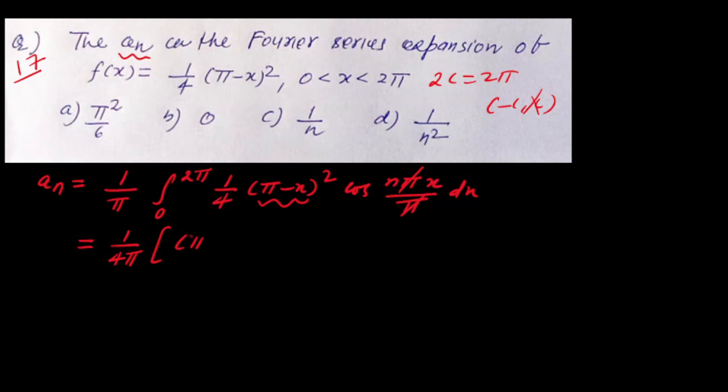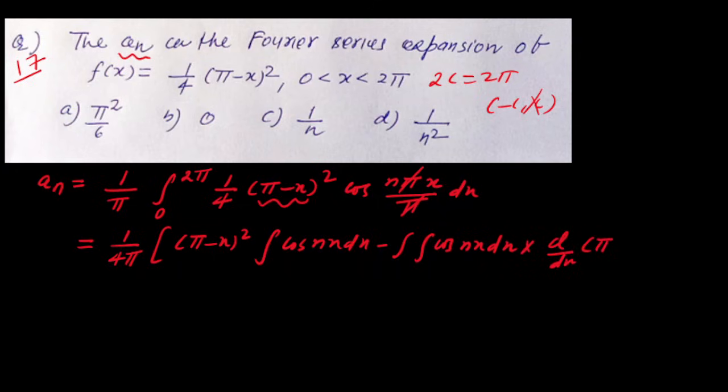So how do you integrate? You take the first function, pi minus x whole square, into the integration of the second function, that is cos nx dx, minus the integration of the second function, that is cos nx dx, into the differentiation of the first function, that is d by dx of pi minus x whole square dx. The limit of integration is 0 to 2 pi.